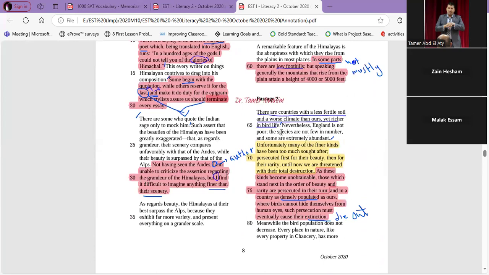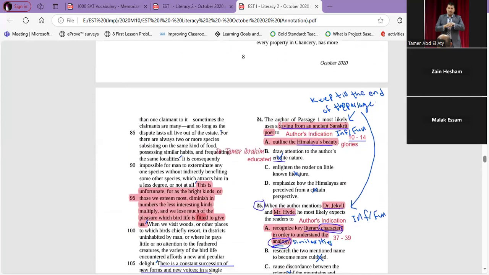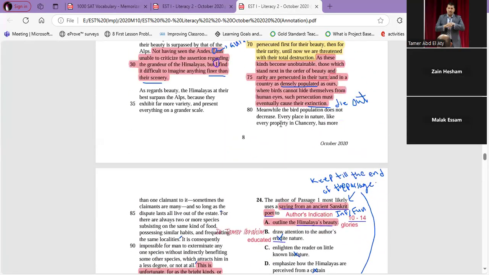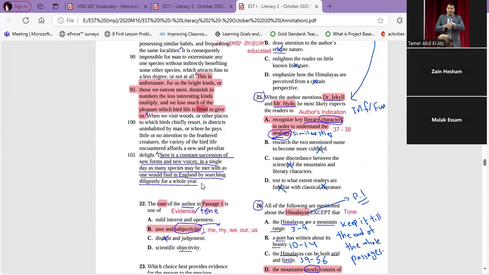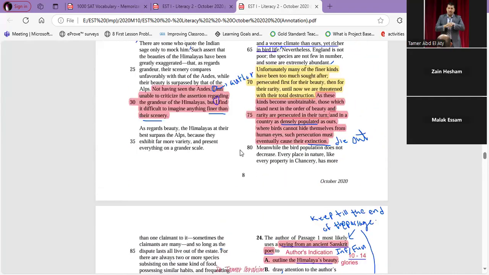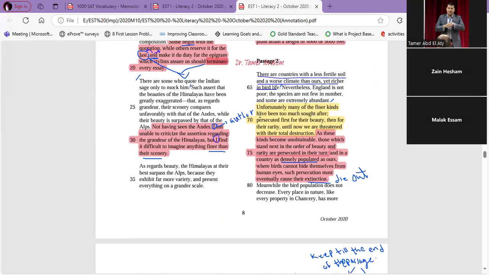The first sentence till here of the first paragraph. As you can see, it's only one paragraph. And then the last sentence. Let's find out. He said there are countries with a less fertile soil and a worse climate than ours, yet richer in bird life.